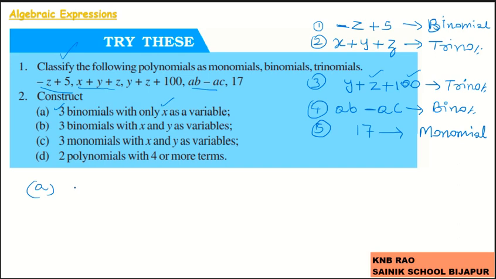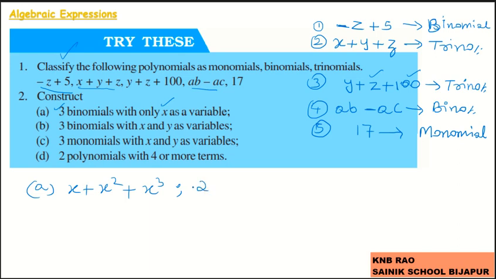I am constructing the first binomial using only the variable x, as I can say x plus x square plus x cube. This is one binomial and has only the variable x.